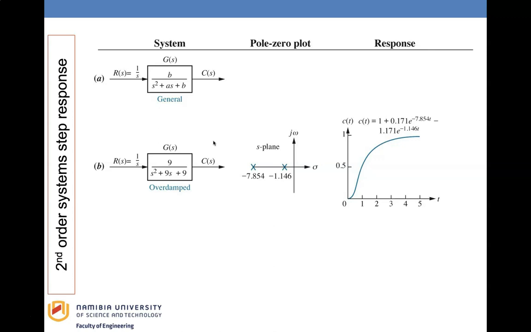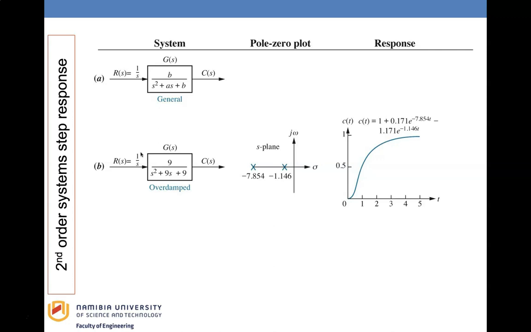In the first case, let's take a equal to b, which is equal to 9. Note that in all cases, the input signal, which is a unit step function, yields a pole at the origin that provides the constant force response. The two poles of the system generate the natural response.